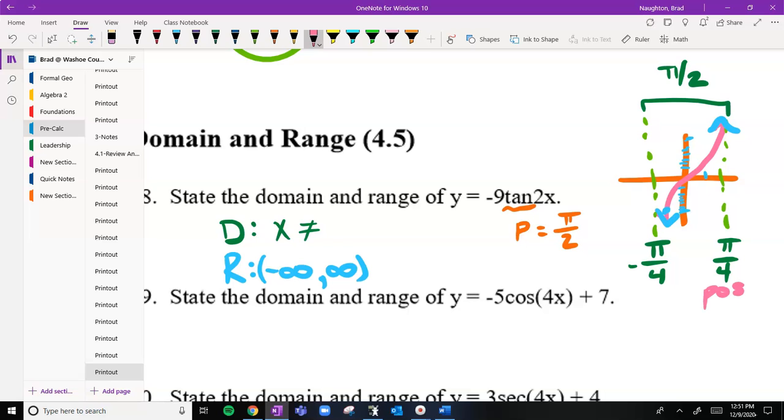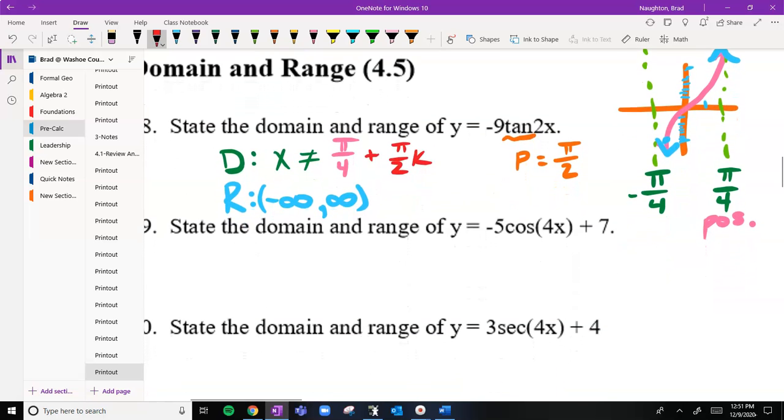So my first positive asymptote is at pi over 4. And then we say, when am I going to keep seeing that again? So we're going to keep seeing that again for our period here at pi over 2 times k, because that could be continuing on forever. And that's going to be our domain and range for that graph.